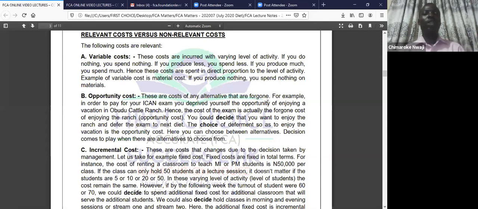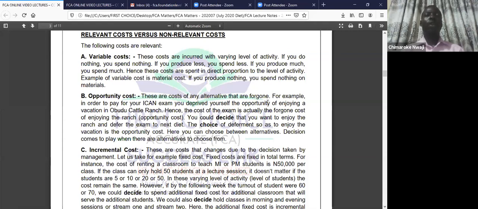So which costs are relevant? The first one on the list here is variable costs. Variable costs are incurred with varying level of activity. Now, what it means is that if you do nothing, you spend nothing. If you do 1 unit, the cost you are going to spend is proportional to 1 unit.